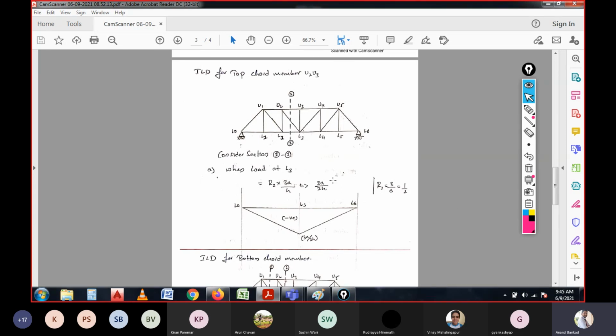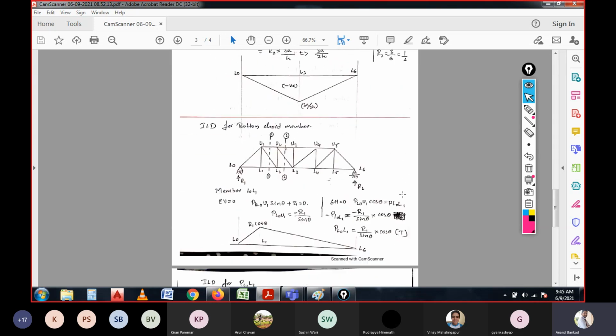Whatever it is, the point we are discussing is the way we are going to analyze the member, considering the forces for the member, and after that we need to calculate for the bottom chord members also. So the influence line diagram for bottom chord members, what are the bottom chord members over here again? L0, L1, L1, L2 and L2, L3, and these are the bottom chord members. For these bottom chord members we need to have the simplification.